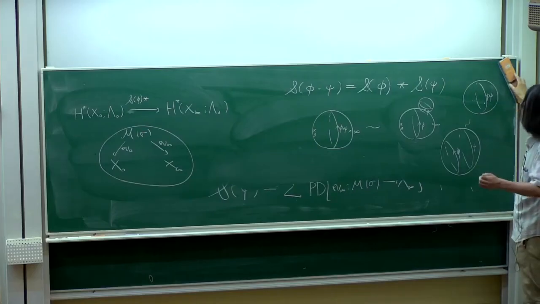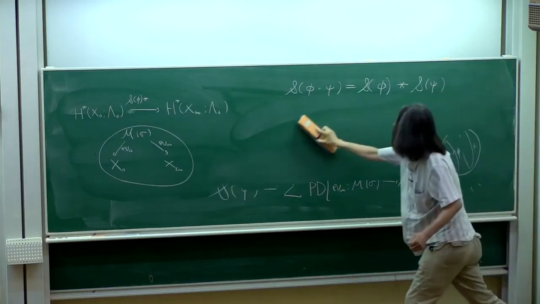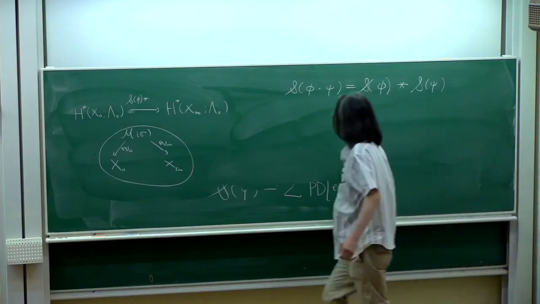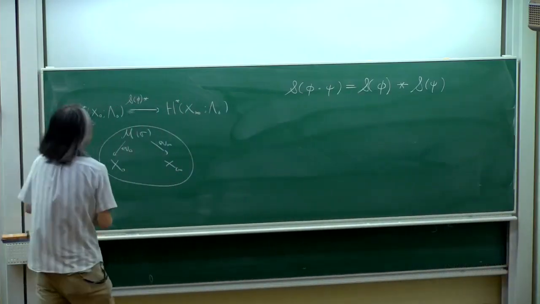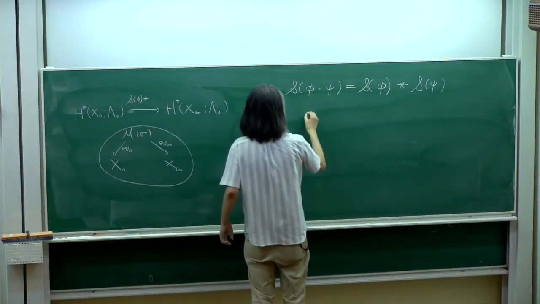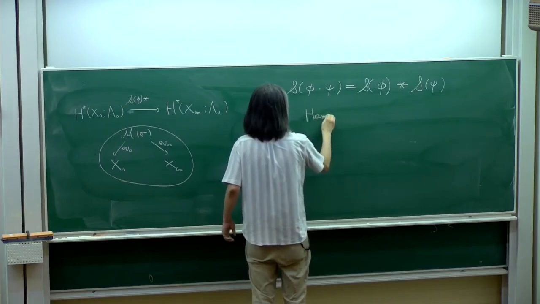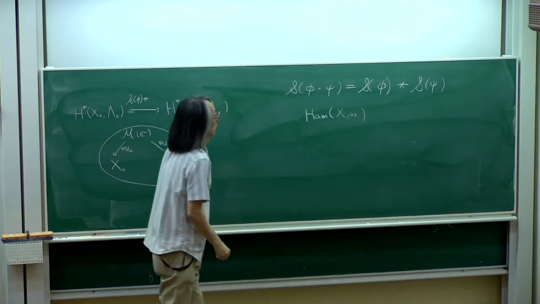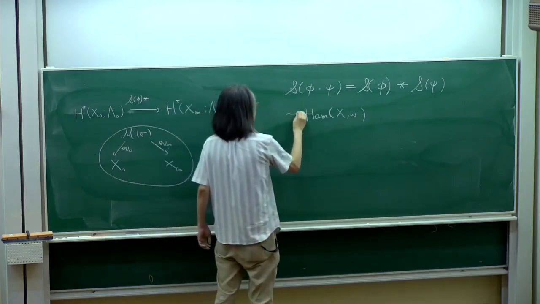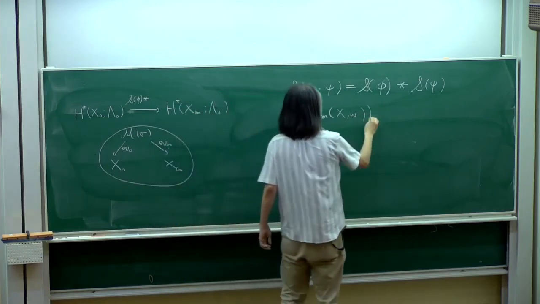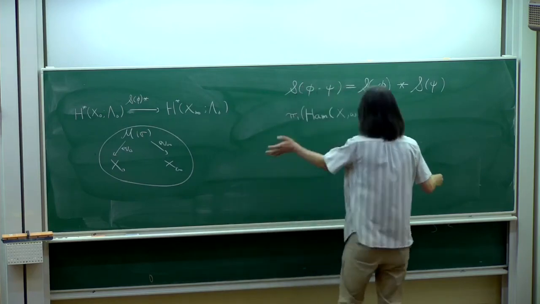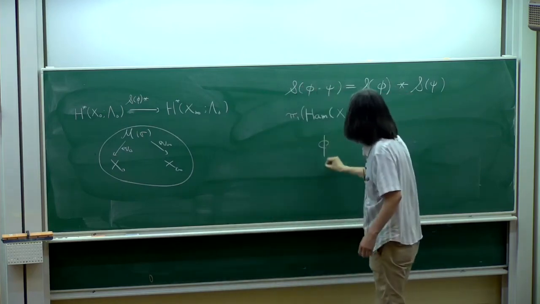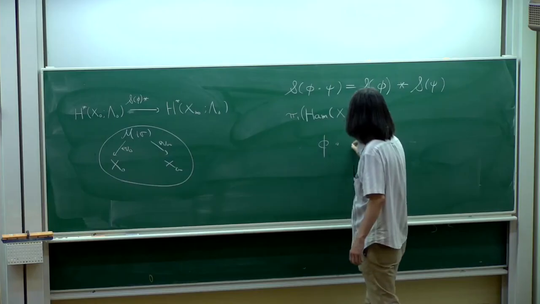So anyway, this is okay, and then because this pi 1 of Ham(X, omega) is certainly a group, this is invertible. I mean, so instead of phi, we can consider phi inverse, right?